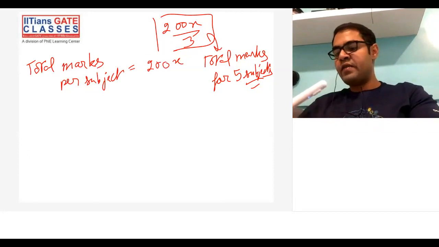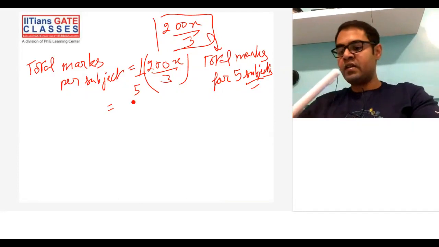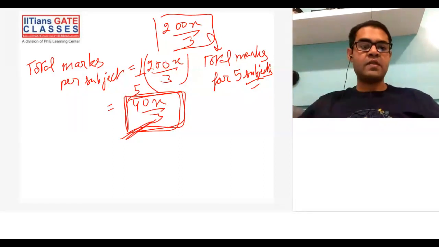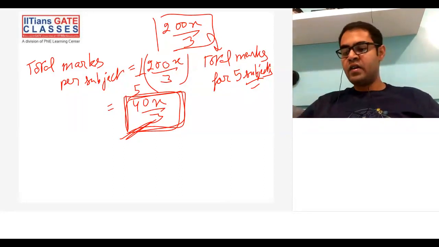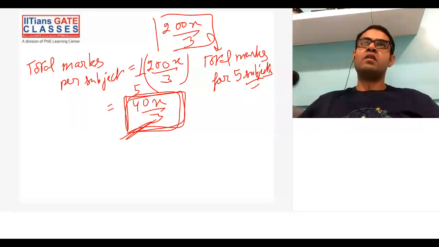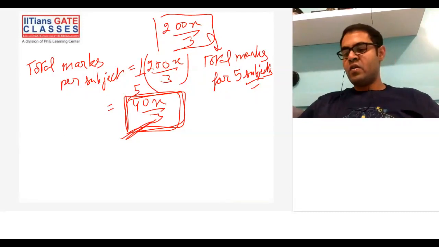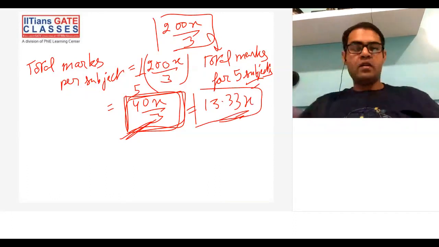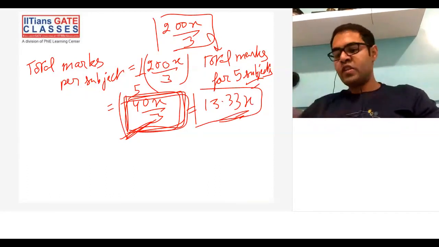So if I divide this by 5, it gives the marks for one subject. So the maximum marks for one subject is 40 by 3, which is somewhere around 13.33x. Now I'll just use this equation only.